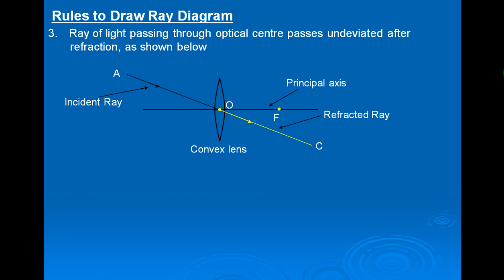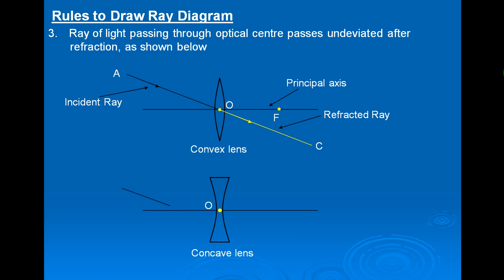Therefore, any incident ray of light passing through the optical center passes undeviated after refraction. In case of a concave lens, this is the concave lens and point O is the optical center.